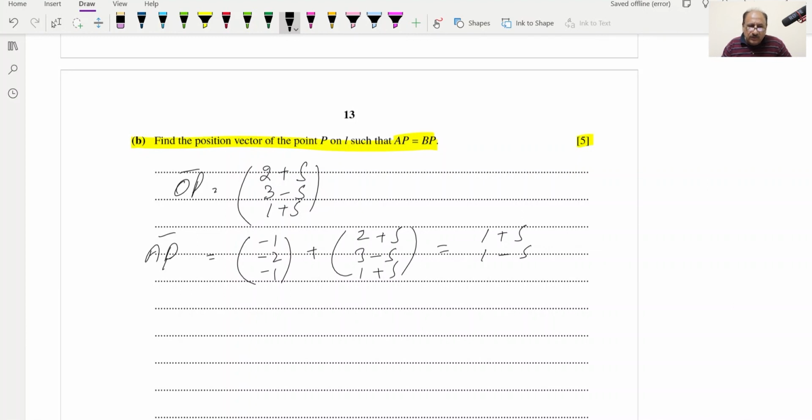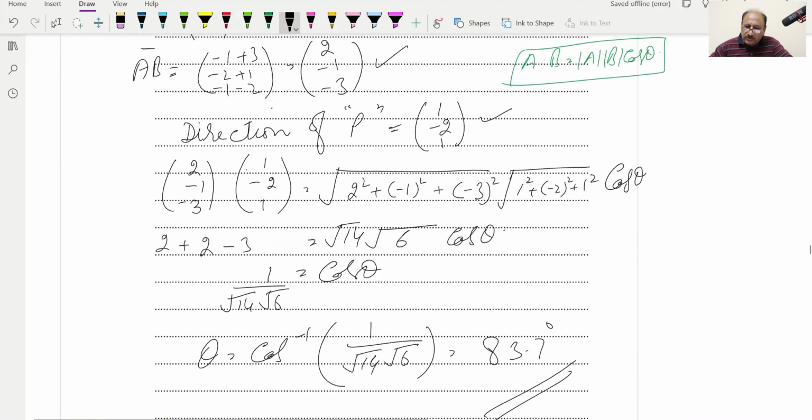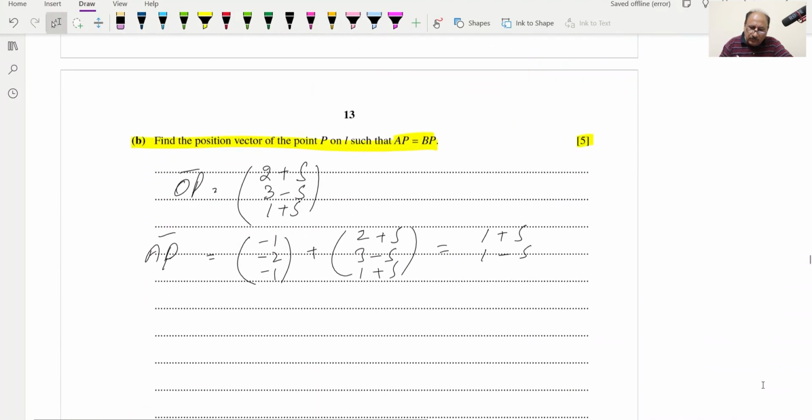The second value will be 3 - 2s, basically 3 - 2s over here and 2 over here, so it will be 1 - 2s. And this will be 1 - 1, which is 0, so the last one will be only s.